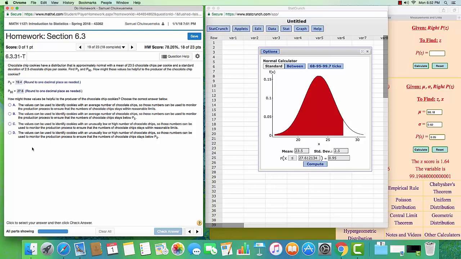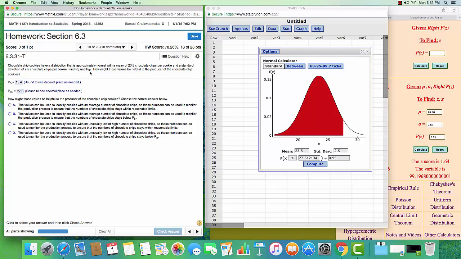So those numbers can be used to monitor the production process to ensure that the numbers of chocolate chips stays within reasonable limits. D, yeah, C makes more sense. D, the values can be used to identify cookies with an unusually low or high number of chocolate chips. So those numbers can be used to monitor the production process to ensure that the numbers of chocolate chips stays below 50th percentile. With D, no, no, no.